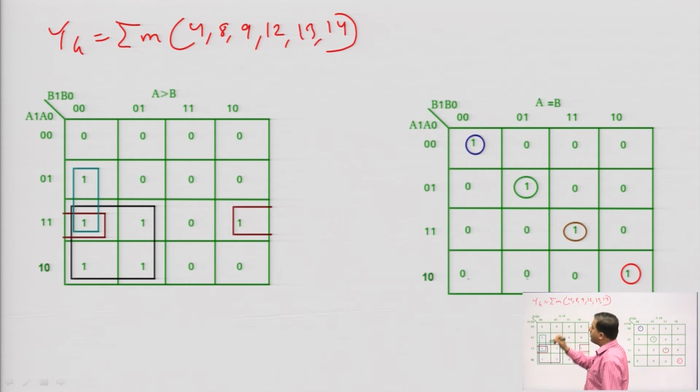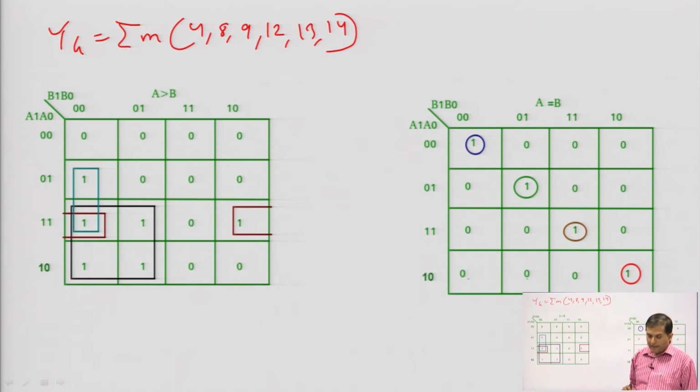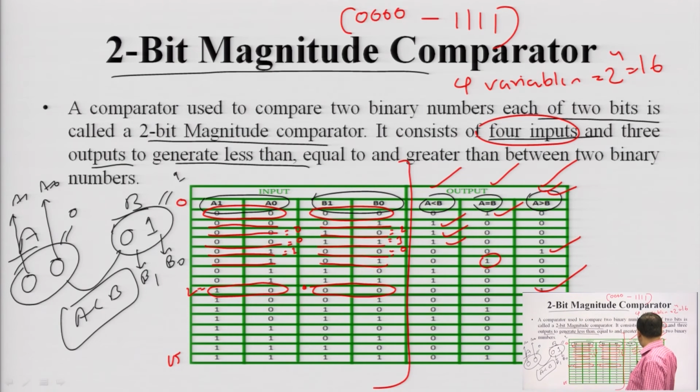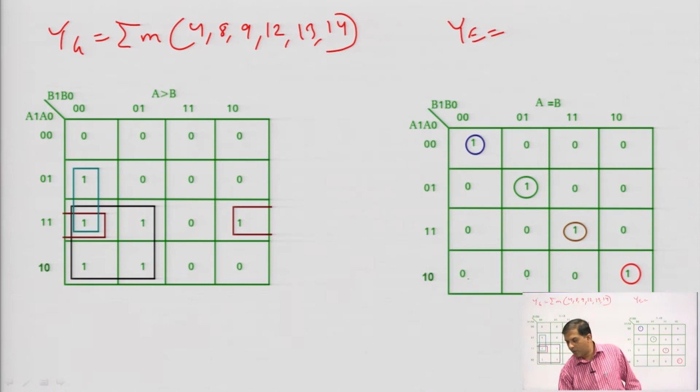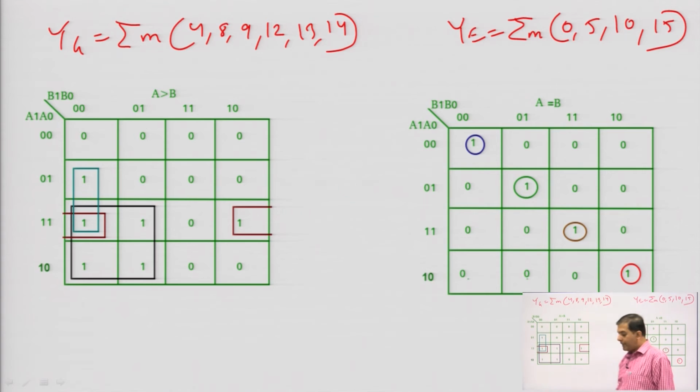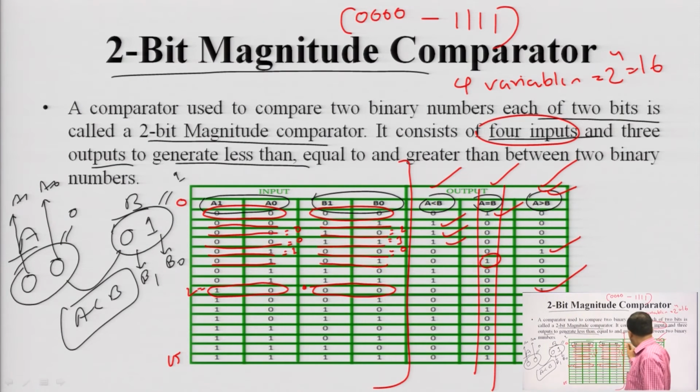For this combination we are getting output as 1. And this is for Y equal, the middle column. So, for which combinations we are getting 1? Y equal will be summation small m of 0, 5, 10 and 15. You can check it from the truth table itself.